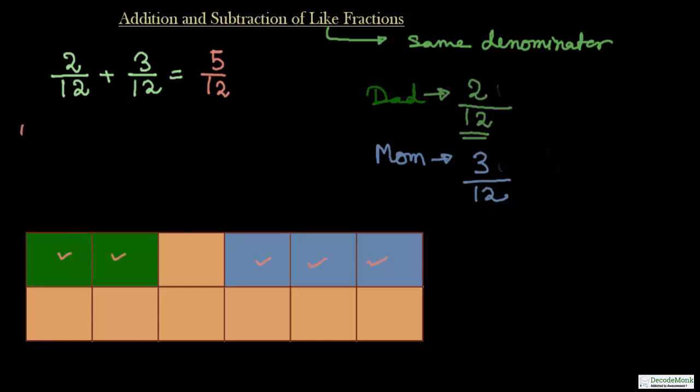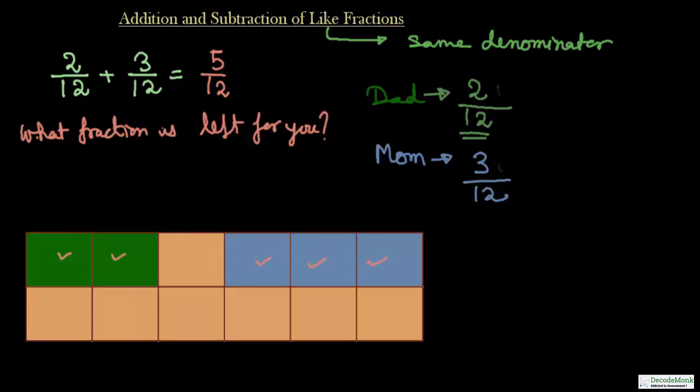Now if it is asked what fraction is left for you to enjoy, what should be the answer? You can see from the picture that this should be equal to the total portion, the whole portion, minus the portion consumed by your parents.